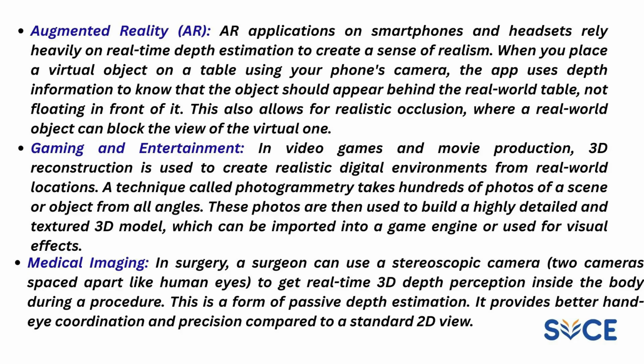It takes hundreds of photos of real objects or scenes from different angles to reconstruct detailed 3D models. These lifelike models are then used in game engines or special effects, giving us realistic environments and characters.